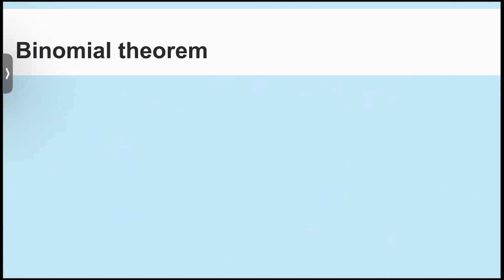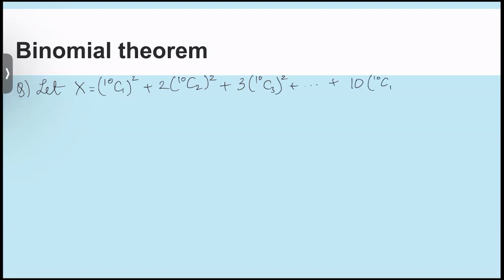Okay, so the question is that x is equal to 10C1 plus 2 into 10C2 plus 3 into 10C3, all the way up to 10 into 10C10, the whole raised to 12, where 10CR, for r, will keep varying for all the terms.